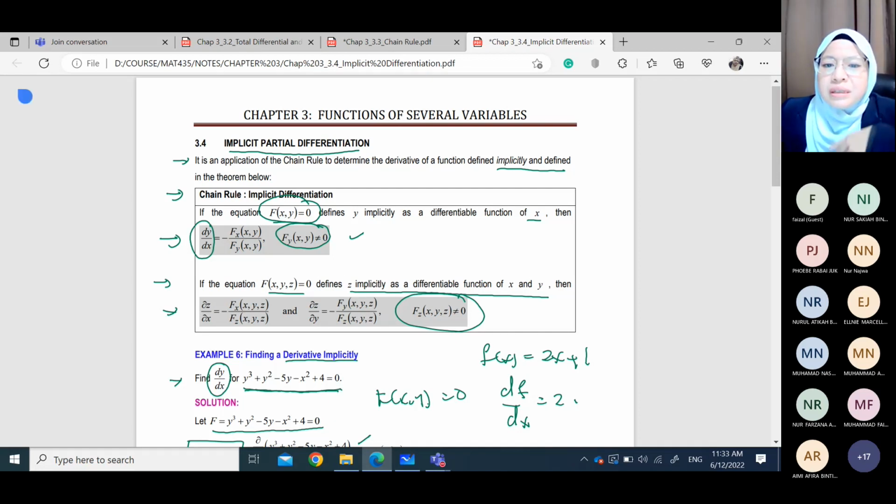So in order to handle this problem, implicit partial differentiation comes in. So ada satu formula untuk memudahkan kita mencari kadar perubahan bagi x ke atas y.